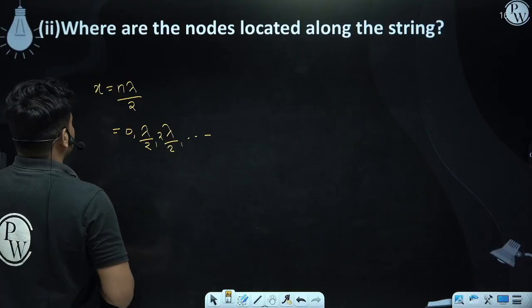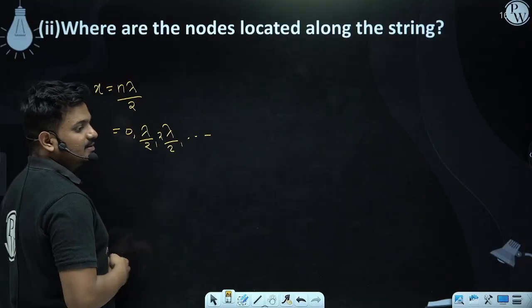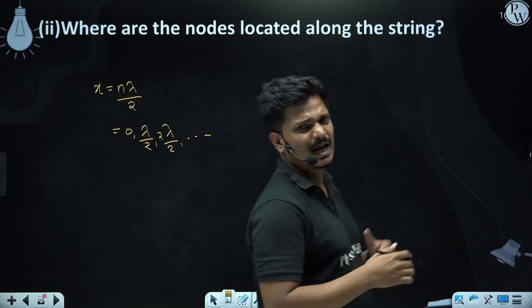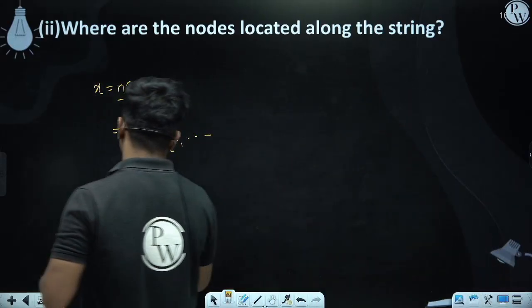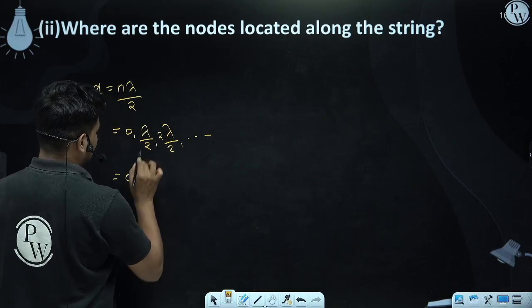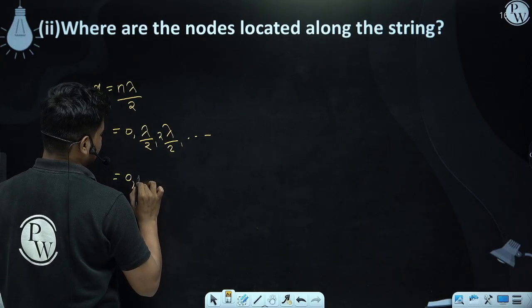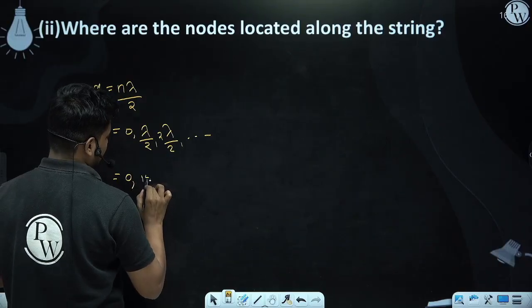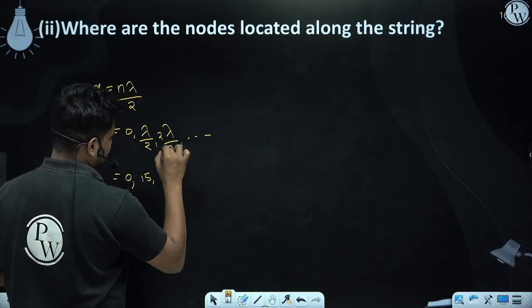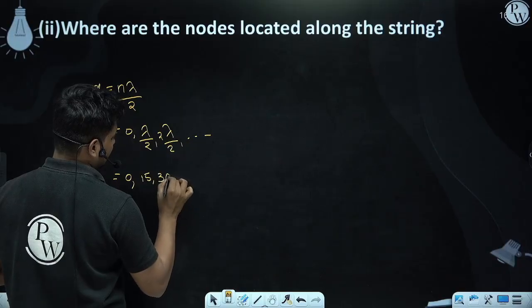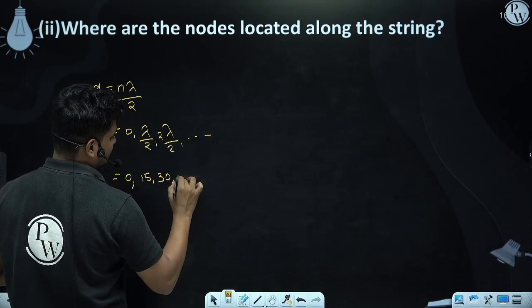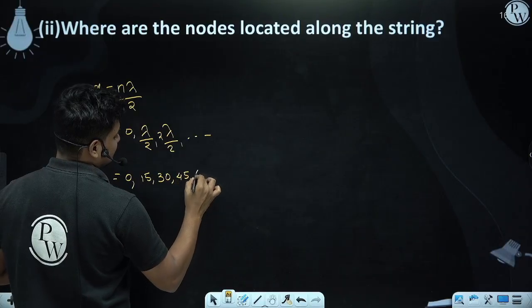So we know the lambda value. Lambda is 30. So the x values are 0, then lambda by 2 which is 15, the next one is 30, the next one, 3 lambda by 2, is 45, then 60.